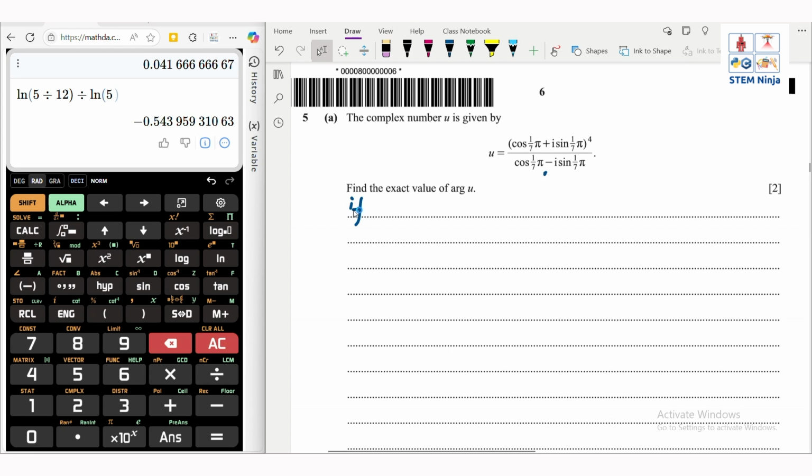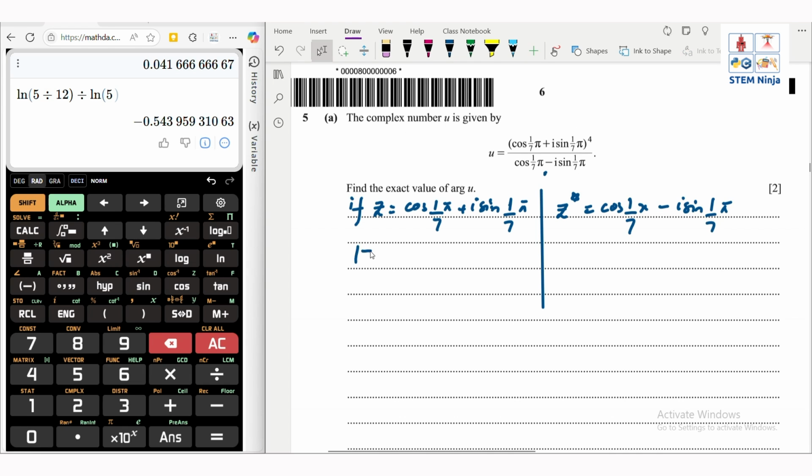So if z is equal to cos 1 over 7 pi plus i sine 1 over 7 pi, that would mean its conjugate will be cos pi by 7 minus i sine pi by 7. So that means we can find out the magnitude and the argument right away.